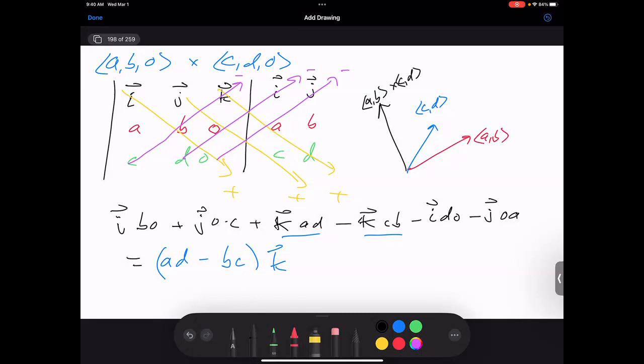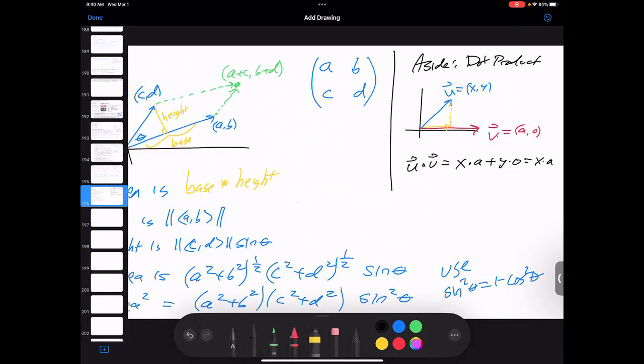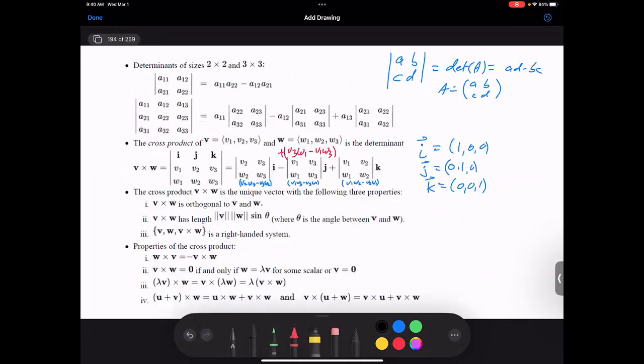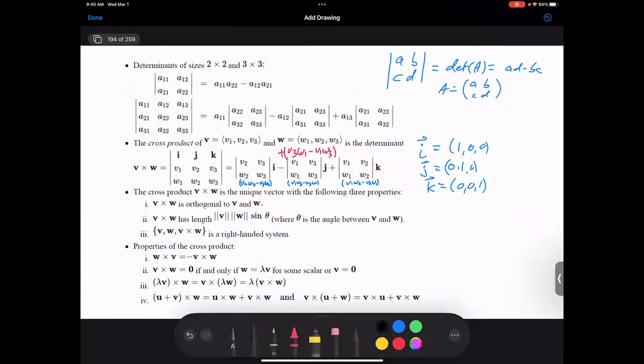Okay, so any questions here about how we calculate the determinant? So again, there's just a couple of formulas you just need to memorize. So here is the formula that it's IJK, and it's this expansion by minus. Okay, there we go. So I take I, and then it's the determinant of this.